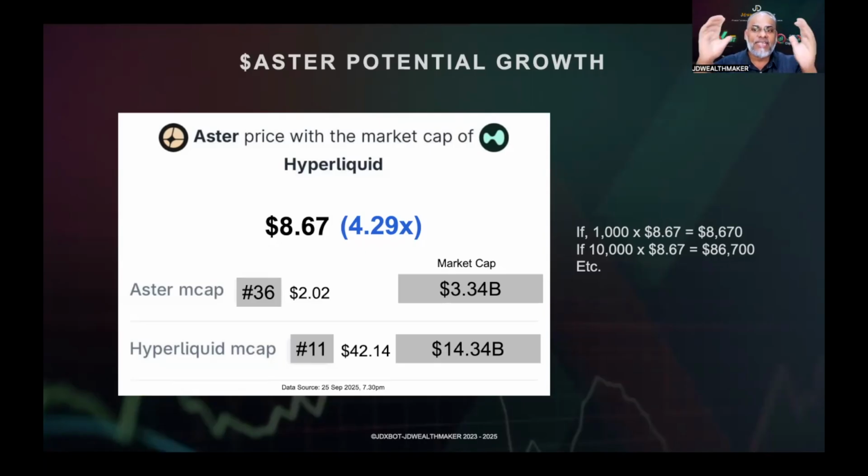So now, have in your mind, let's say around $8 or around $10. This is the target price that we are looking at. So how many coins do you need in order to achieve your target? If your target is $10,000 within the next 6 months, or $100,000 within the next 6 months, then you can calculate how many coins you need to start purchasing.